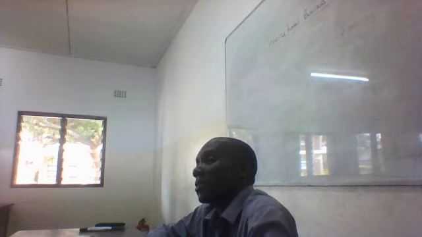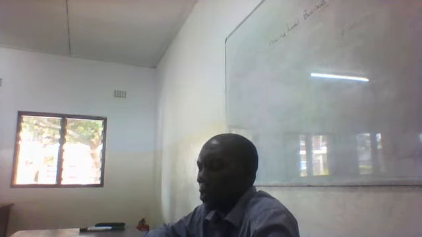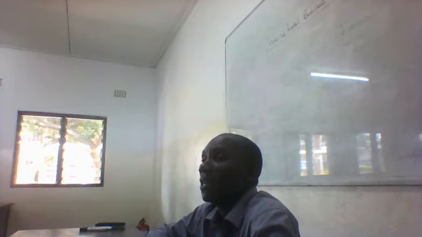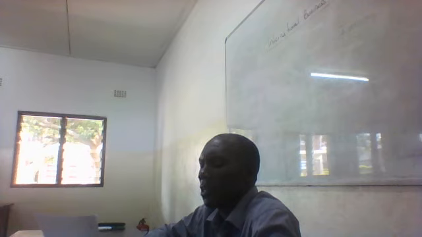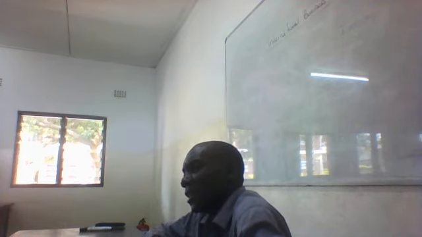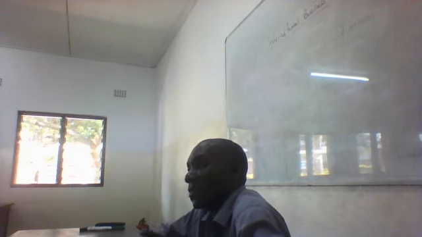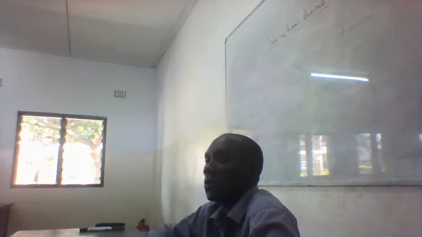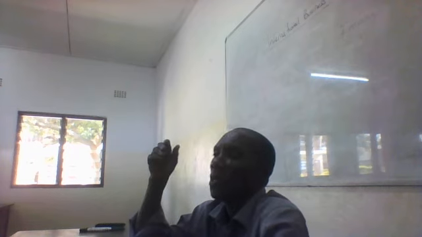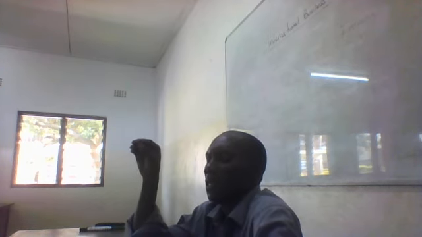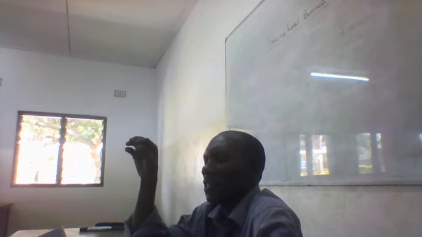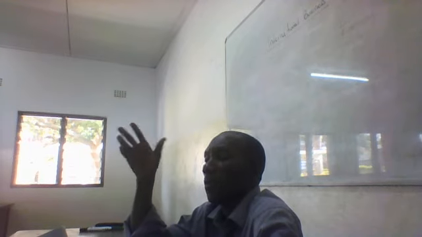The first course outcome is that you should be able to outline the key challenges faced by international business. You should be able to explain the challenges facing international business and global operations.